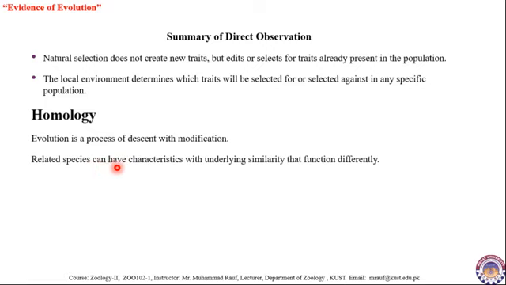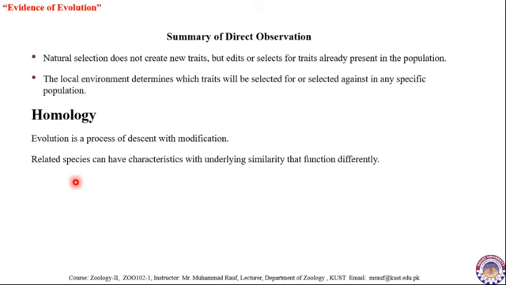Related species can have characteristics with underlying similarity that function differently. So homology is basically the similarities in the structures of related species.